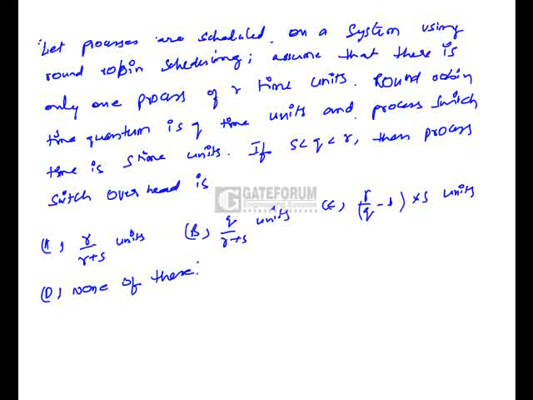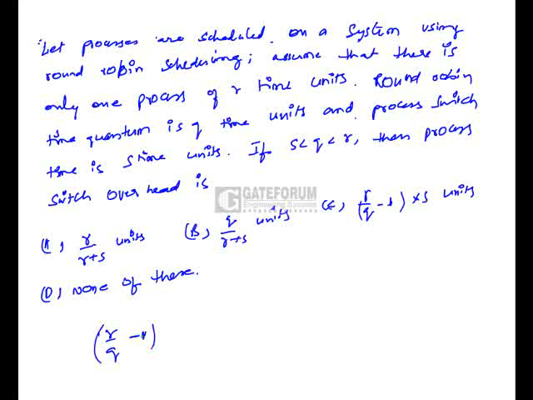Here we have to find the switching overhead of the process. Switching overhead can be found by finding the total number of switches in scheduling that particular process. Burst time is R and time quantum is Q, so the number of switches would be R by Q minus 1.